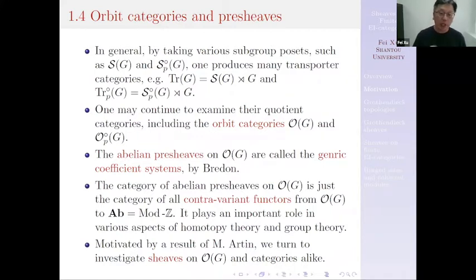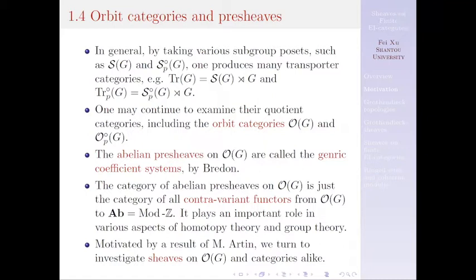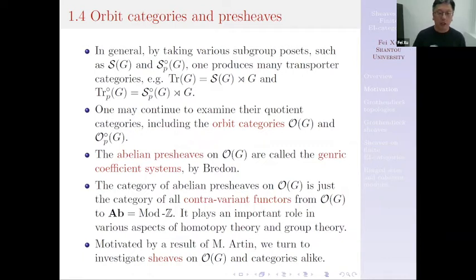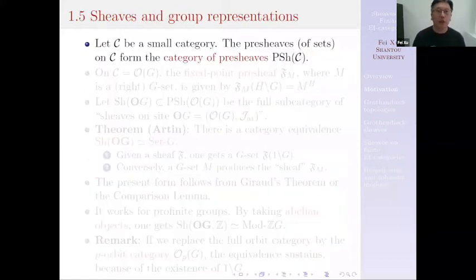And we try to understand how sheaves and stacks can be used in group representation. And somehow we ran across this theorem, and all of our results somehow developed over this result. So I'm going to record it.